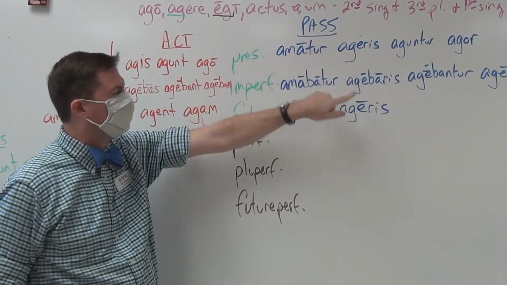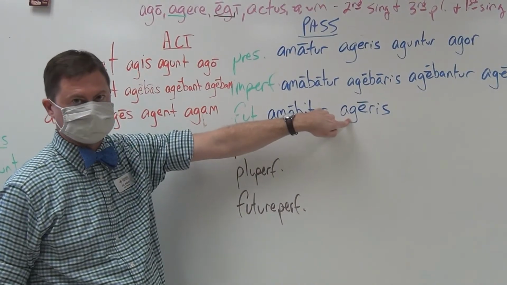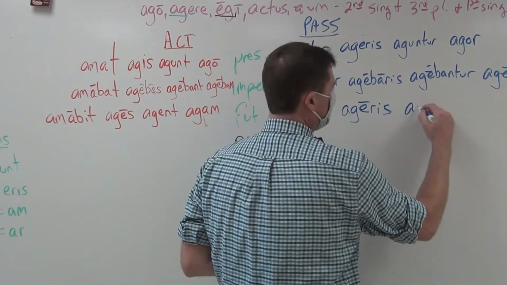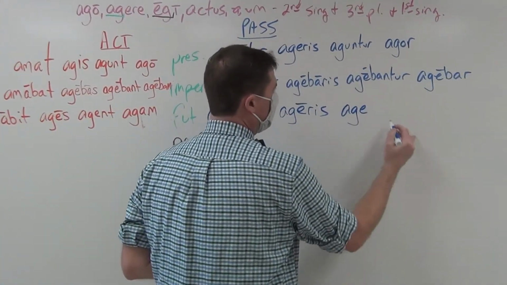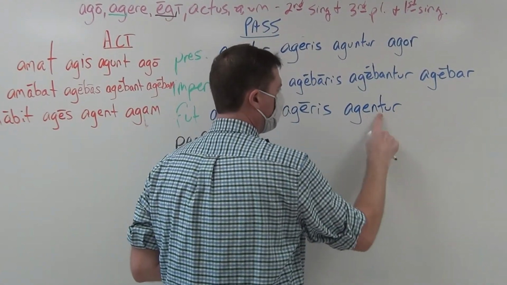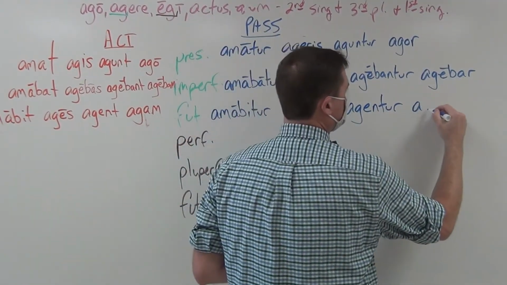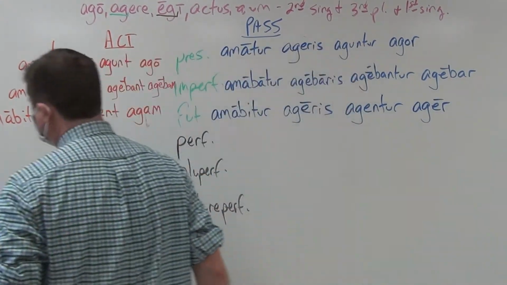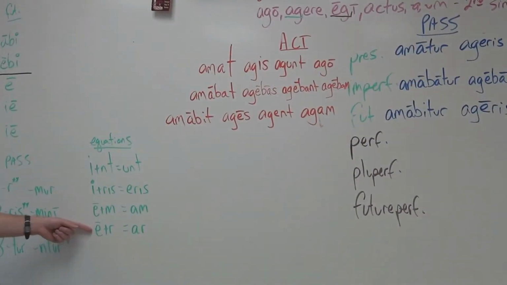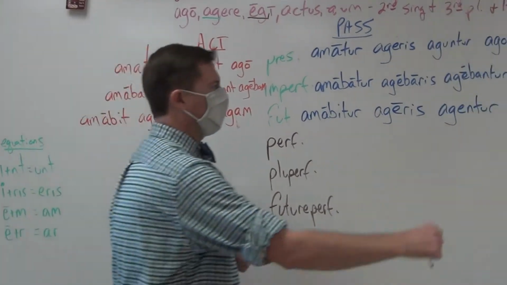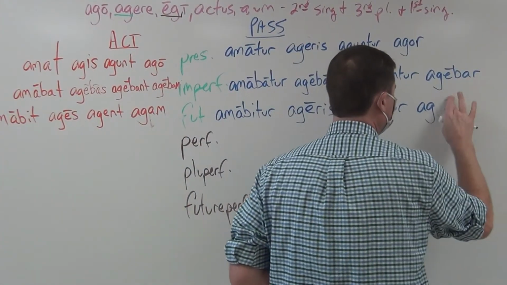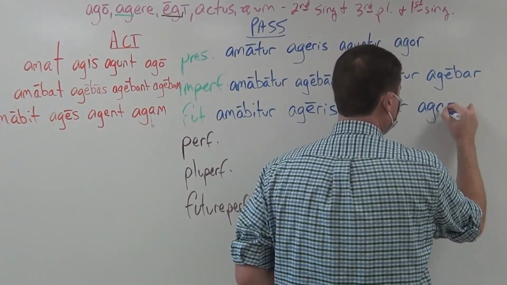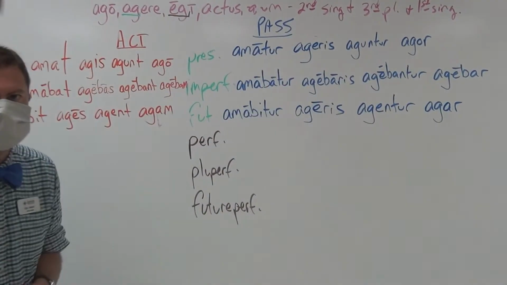You are being driven. Future, you will be driven. Over here, present, long E, tur, nt ate the macron. Present, long E, R, but we know the equation. Long E plus R equals AR. And so it looks like agar.